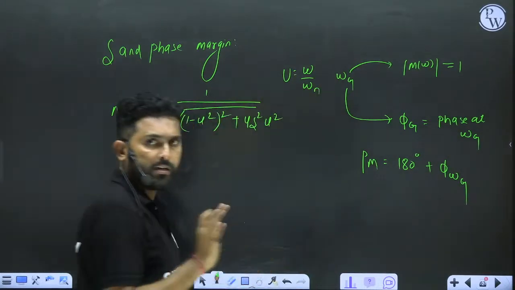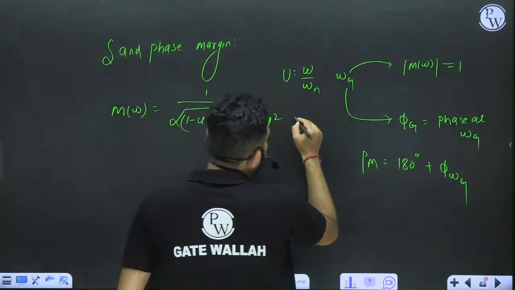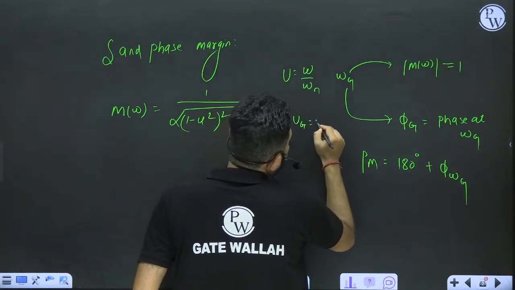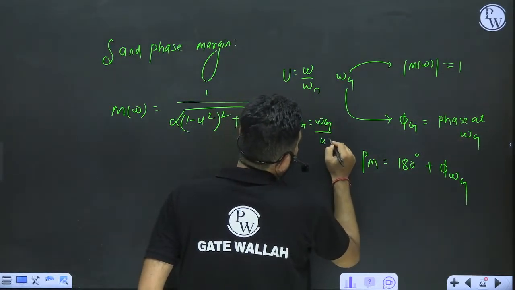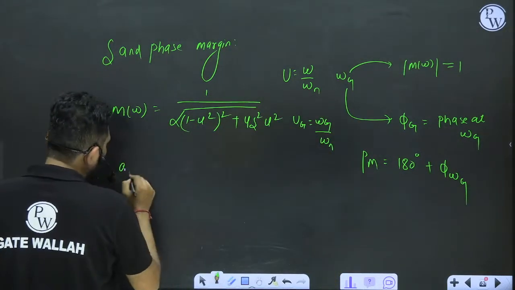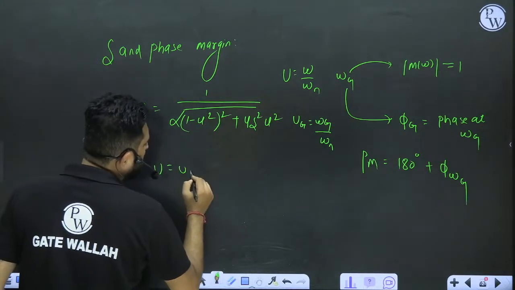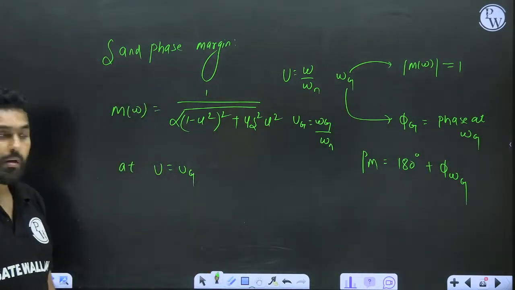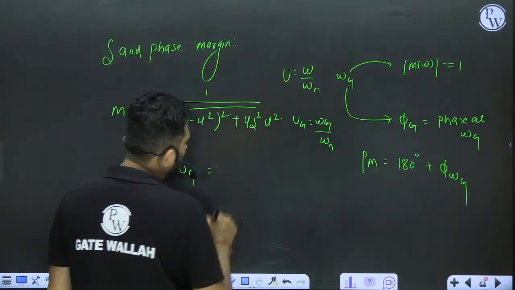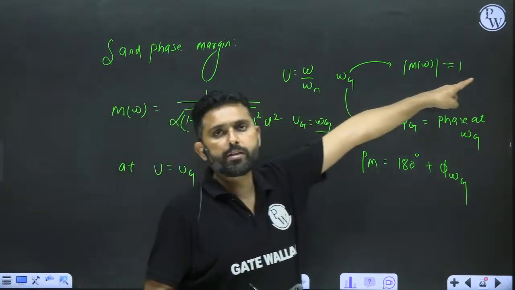Now I want omega g, so ug is omega g by omega n. Now at u equal to ug, the gain is equal to 1. At gain crossover frequency, the magnitude is equal to 1.